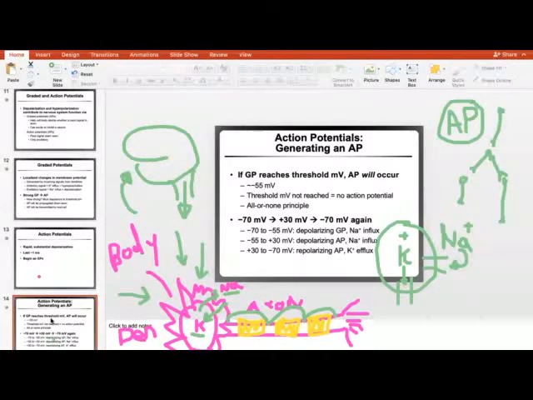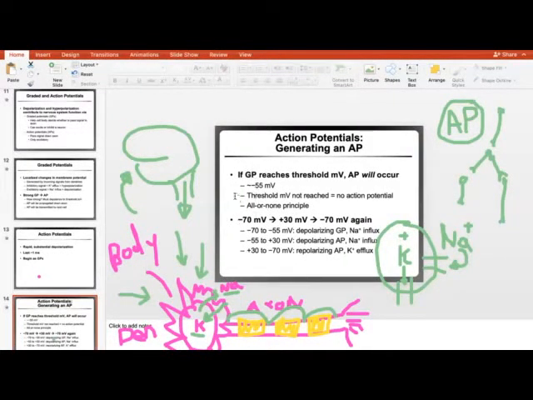But if the polarized status of the cell passes negative 55 millivolts, then all of a sudden there's going to be a depolarization so that it goes from negative 70 to 30 millivolts. Anything between negative 70 and negative 55 is going to remain a graded potential.